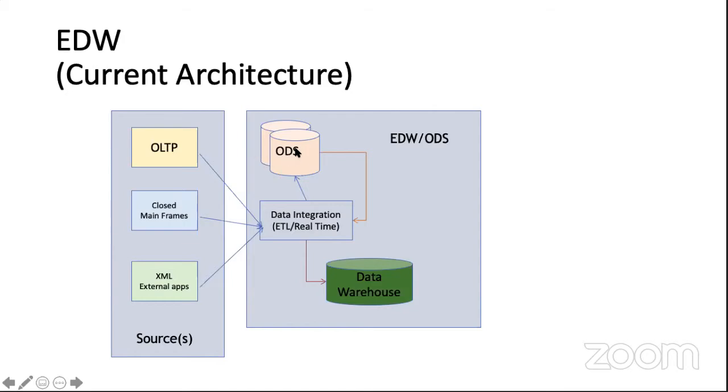We will not be applying dimensional rules over there. So we will first get the data quickly from these sources into ODS, where the tables are of the same structure, and hence our ETL or data integration logic to populate these ODS tables will be a bit straightforward.